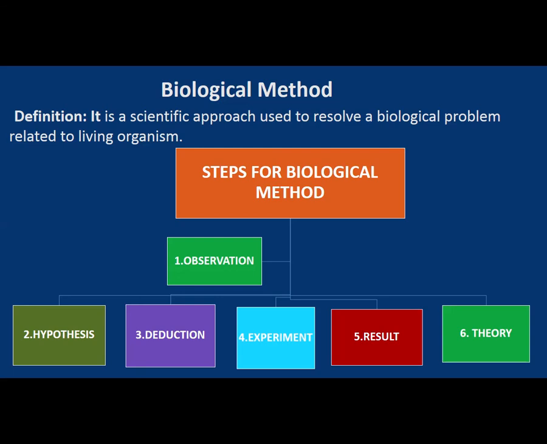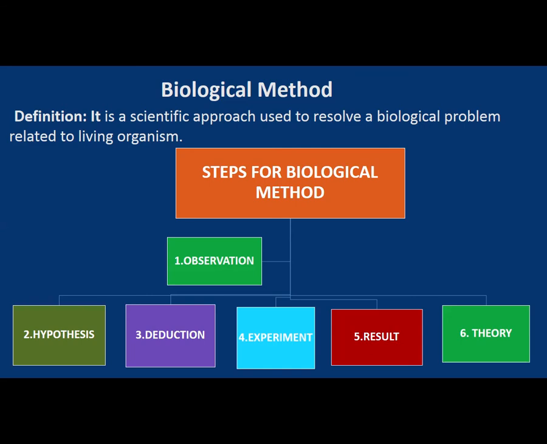What is biological method? It is a scientific approach used to resolve a biological problem related to a living organism. If biologists think about some problem in a living organism, how do they tackle it?